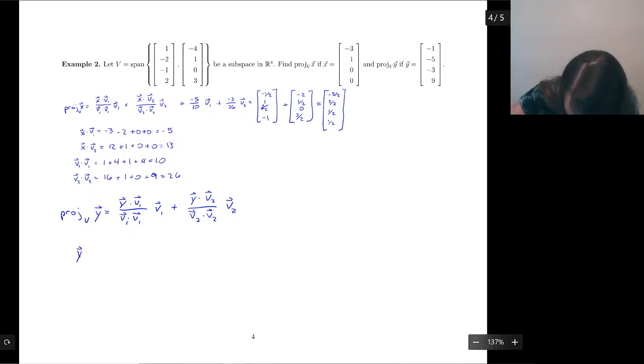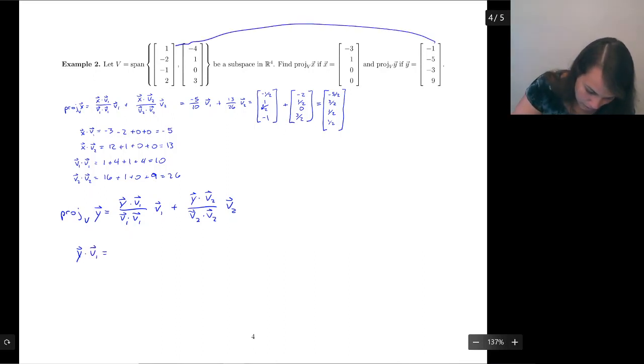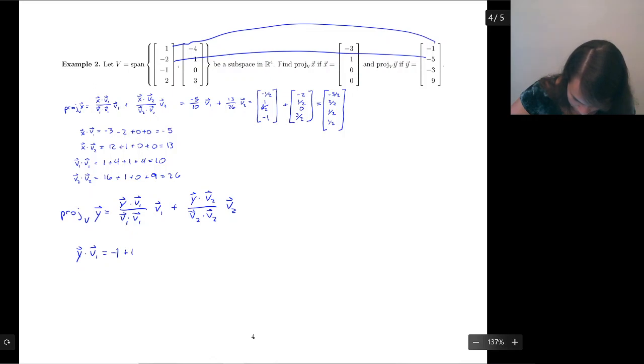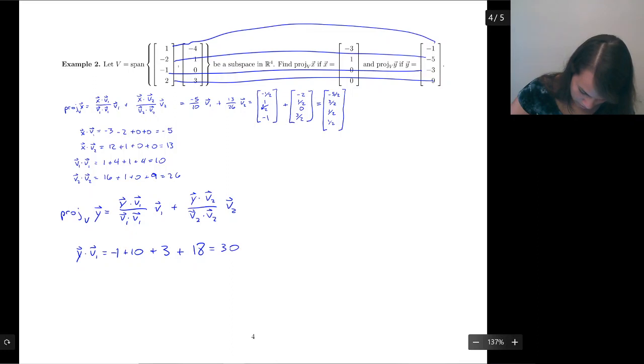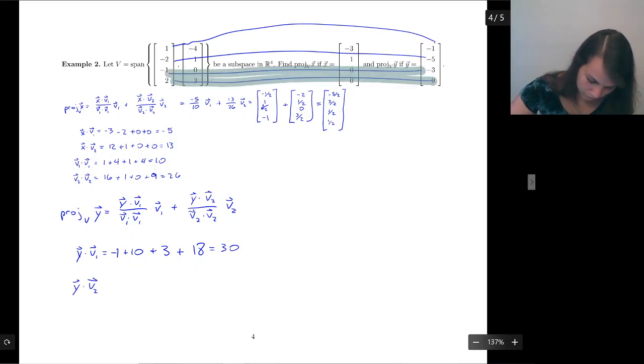Okay, so let's go ahead. We'll calculate y dot v1 first. So that's going to be negative 1, 1, and then negative 5, negative 2, 3, negative 3, negative 1, 9, and 2, 18, and then that's going to be 30. Then y dot v2.